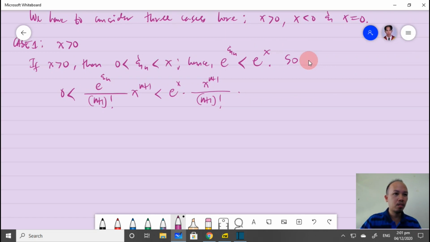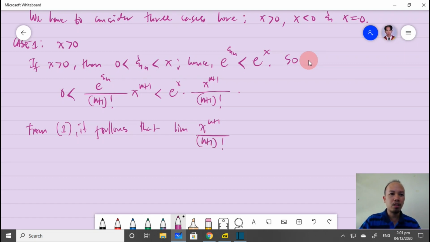From 1 above, it follows that the limit of x to the n plus 1 over n plus 1 factorial as n approaches positive infinity is 0.